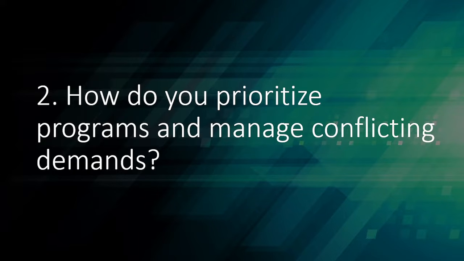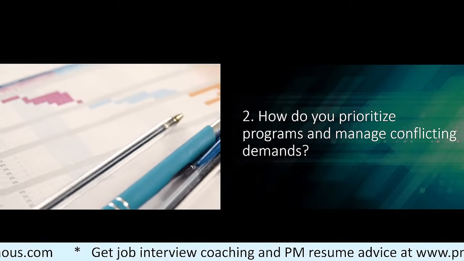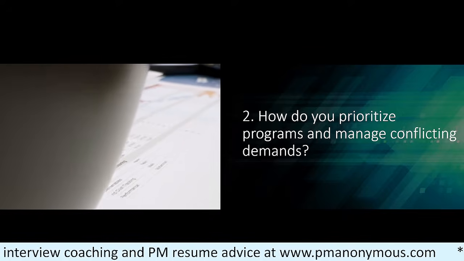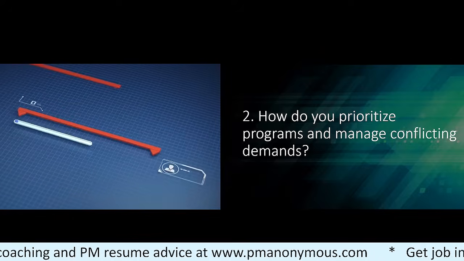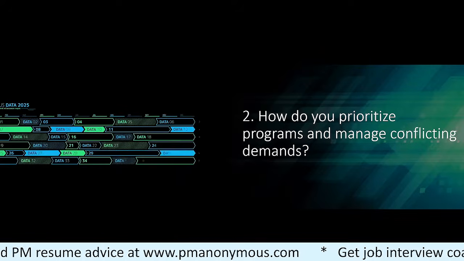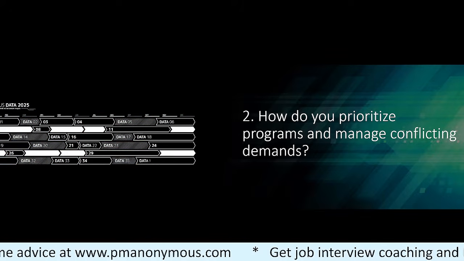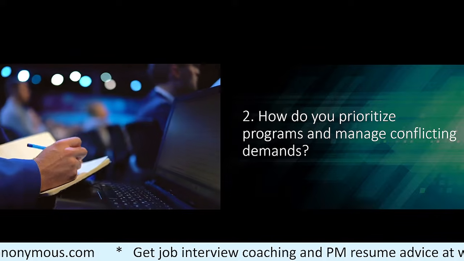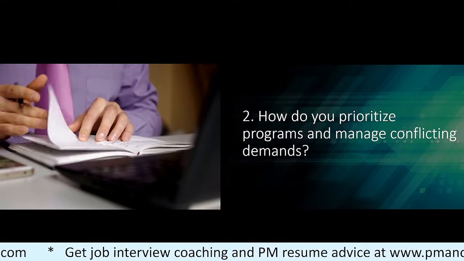Number 2. How do you prioritize programs and manage conflicting demands? Take some time, hit the pause button, before listening to my answer. You could say something like this. I prioritize programs based on a number of variables, including strategic importance, resources required, value, risk, and deadlines.